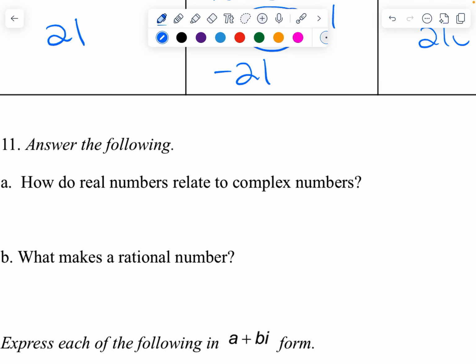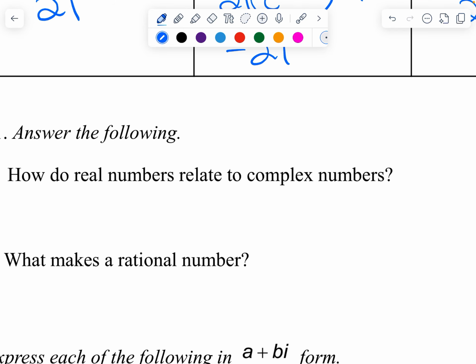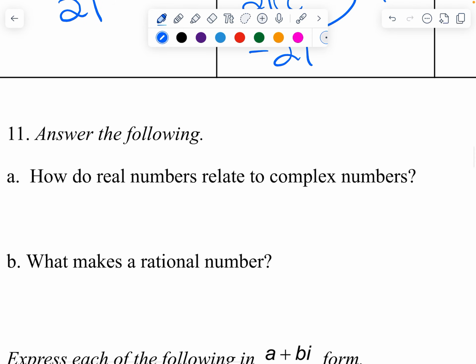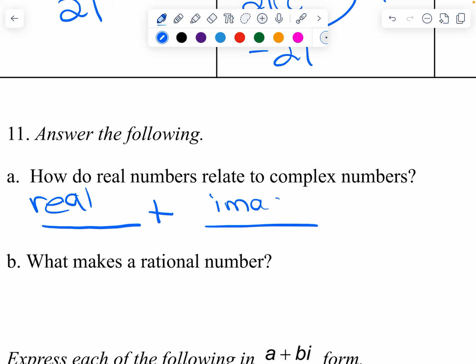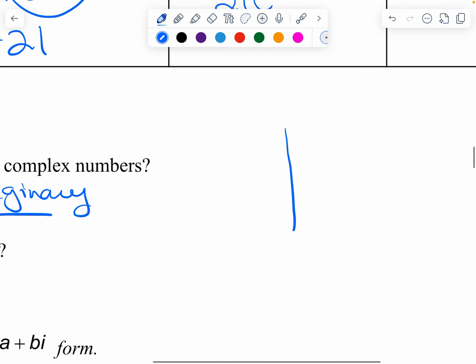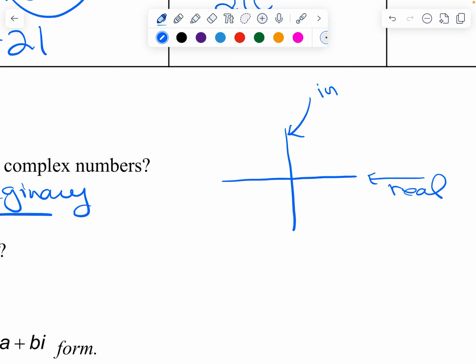How do real numbers relate to complex numbers? They're the first, because we always have real plus imaginary. Then if you're talking about graphing it, this line right here is the real number line, where this right here is the imaginary.